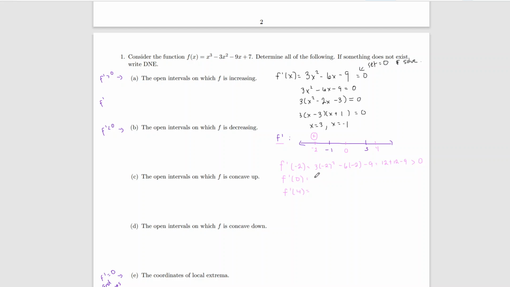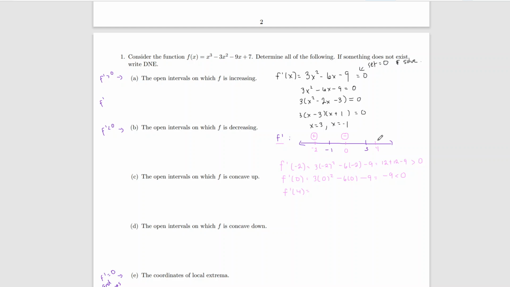So let's go ahead and do 0. We plug it into our derivative. We get 3 times 0 squared minus 6 times 0 minus 9. These all go away and it's just -9, which is less than 0. So above the 0, I put a negative.